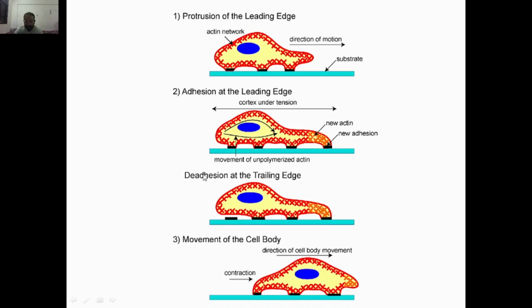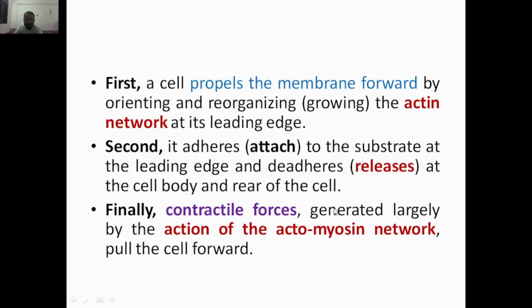And at the rear, there is de-adhesion at the trailing edge, the back side of the cell. So this will be reattached and the movement will go forward. And finally, contractile forces, generated largely by the action of the actomyosin network, will pull the cell forward.